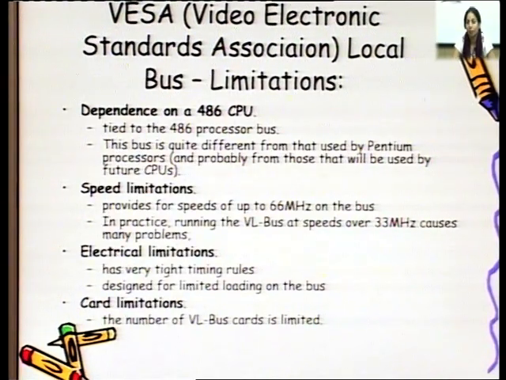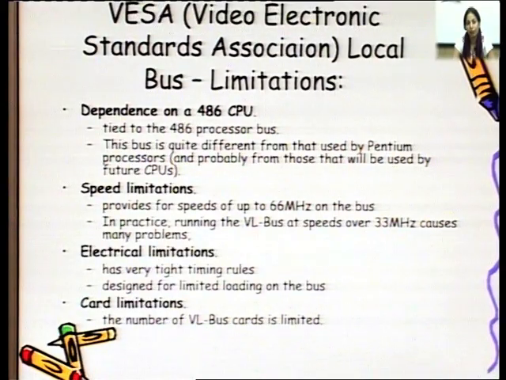Now, there are some limitations of VESA. The first one is dependence on the 486 CPU, meaning it is tied to the 486 processor bus. This bus is quite different from that used in Pentium processors. The second limitation is speed. It provides for speeds of up to 66 megahertz on the bus. In practice, running the VL bus at 33 megahertz causes many problems.